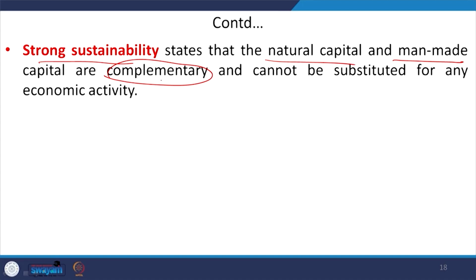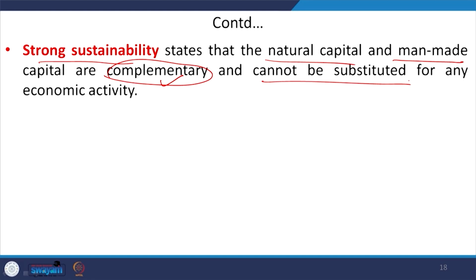And as they are complementary, they cannot be substituted for any economic activity. We cannot say that the amount of natural capital can be decreased and the amount of man-made capital increased for carrying forward a particular economic activity.